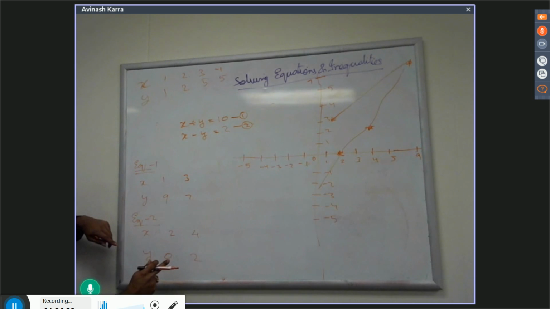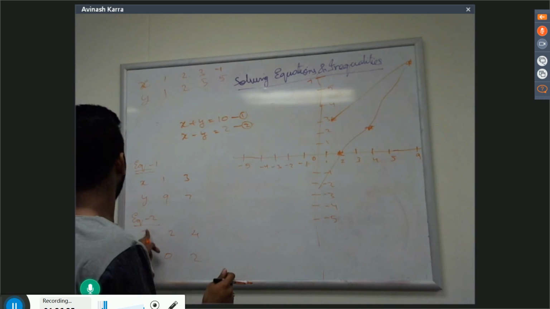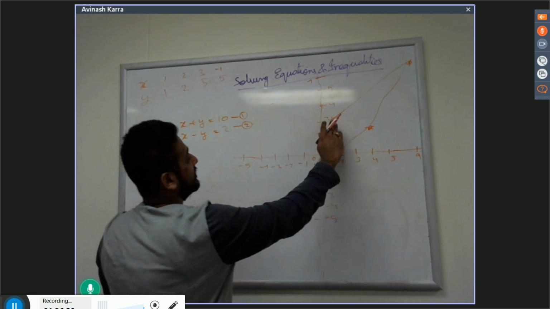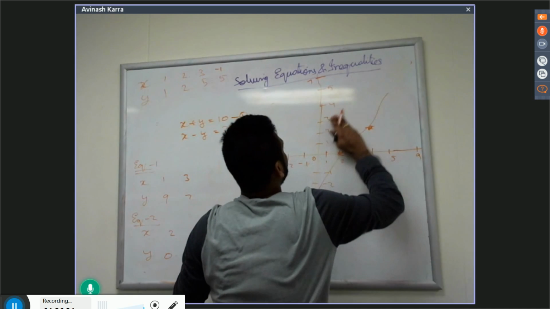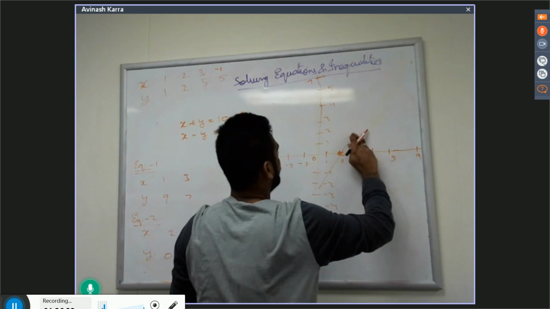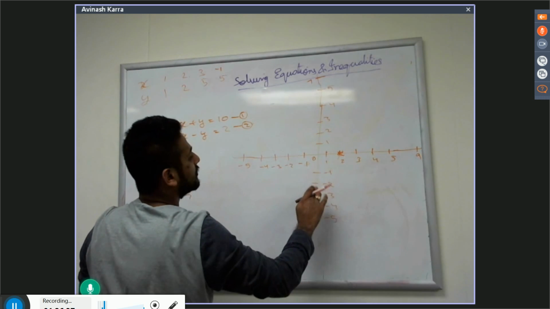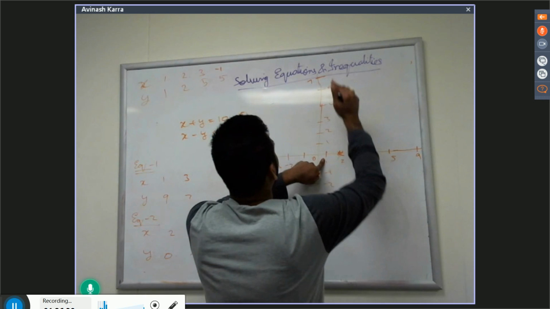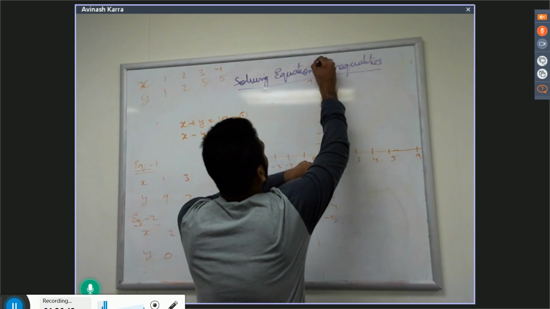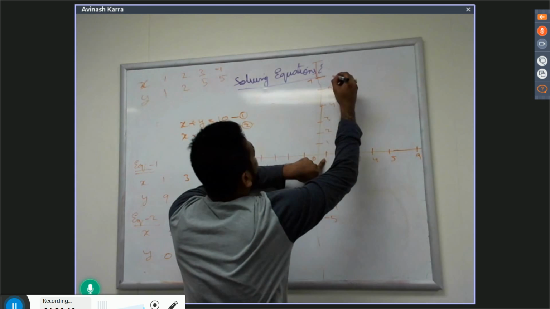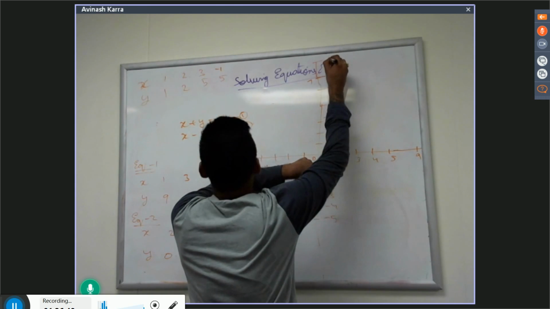On the graph, x equal to 1. Oh, sorry. Yes. Thank you. When x equal to 1, somewhere 9 might be here. This will be the point.